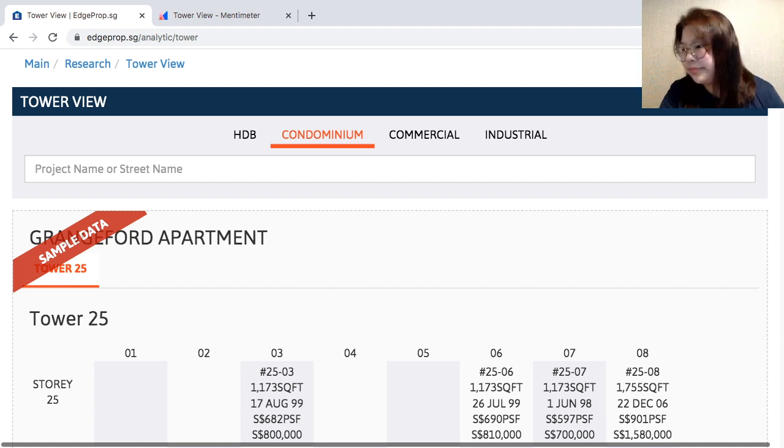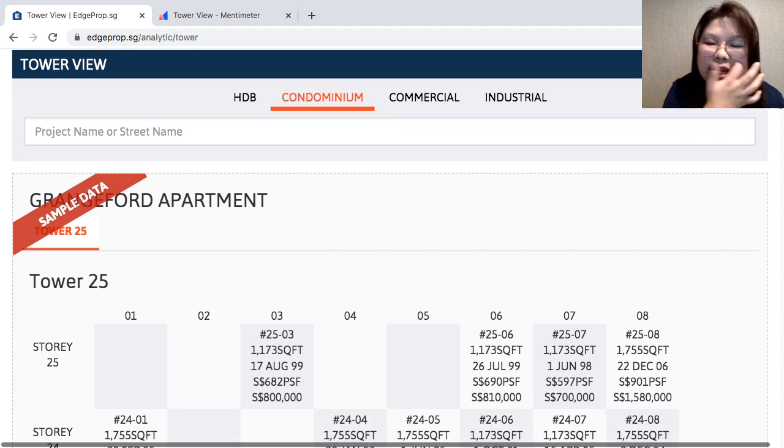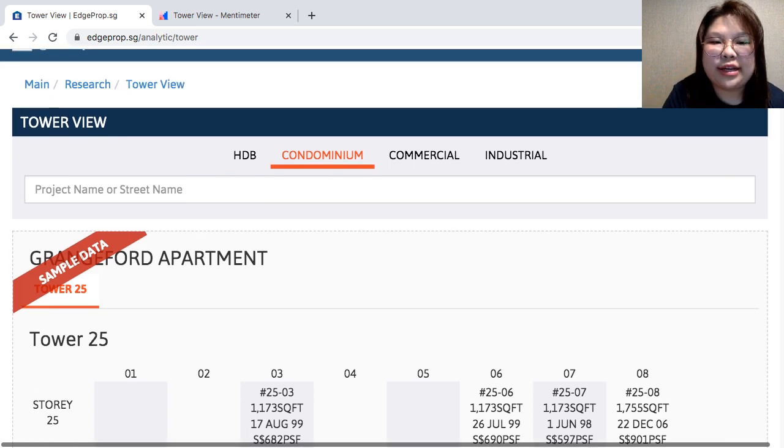Next, on the top here, you can see that we have different headers, different property types: HDB, condo, commercial, and industrial. You notice landed is gone, and even though we have commercial and industrial, these would only be for those with unit numbers, floors and stacks. For the purpose of today's training, I'm just going to try a few types of property.